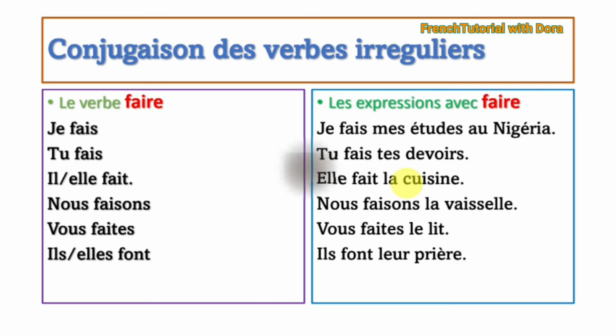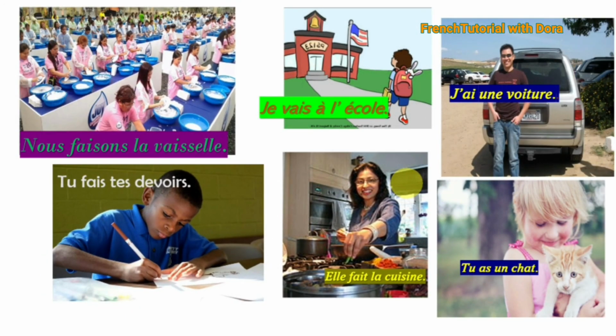Merci. So now I have some pictures of these expressions so you'll be able to have them before you. You can see this is nous faisons la vaisselle. And what does that mean? They are washing plates. So we, plural, nous faisons la vaisselle. We are washing plates. Je vais à l'école.